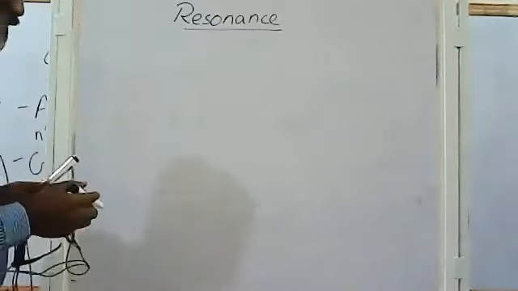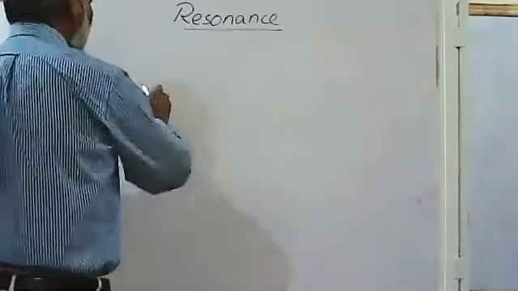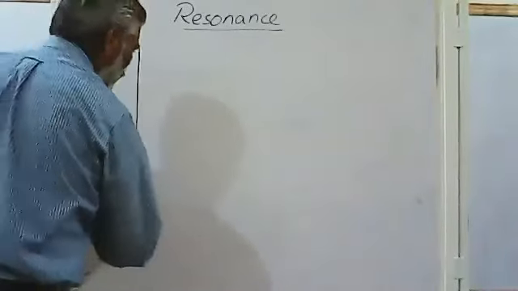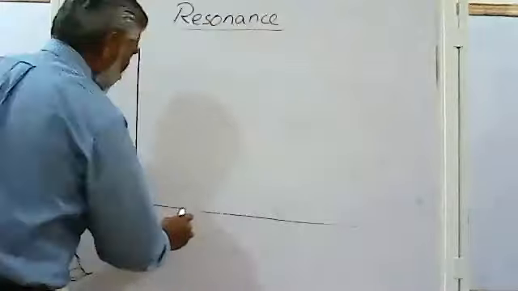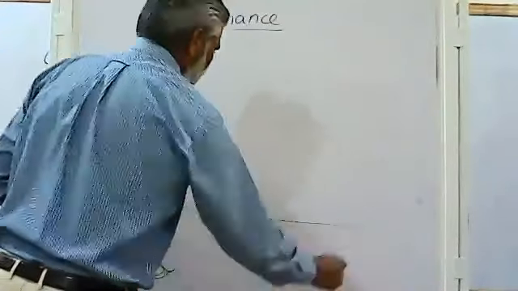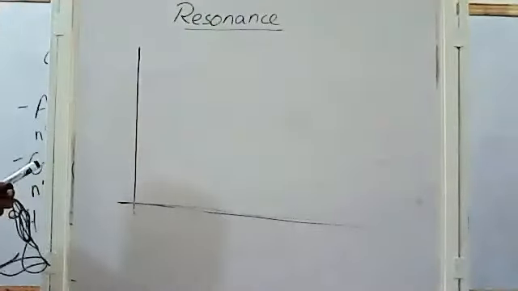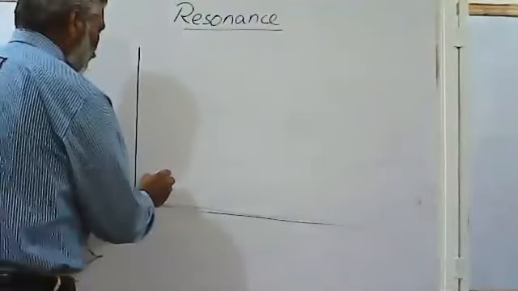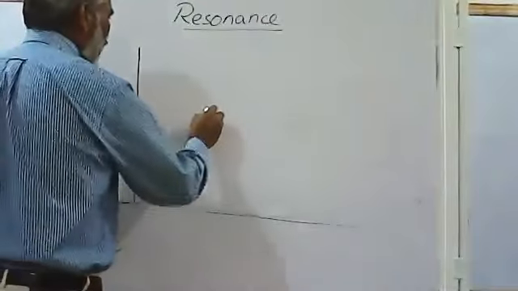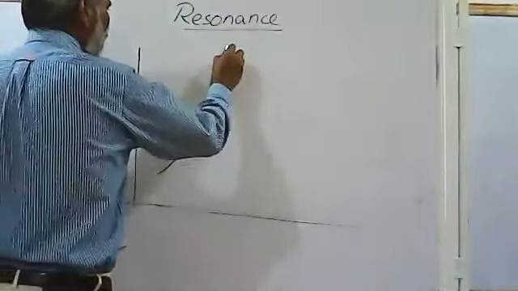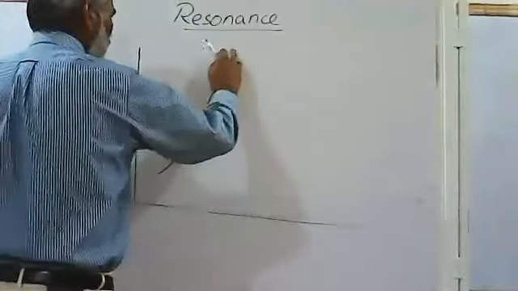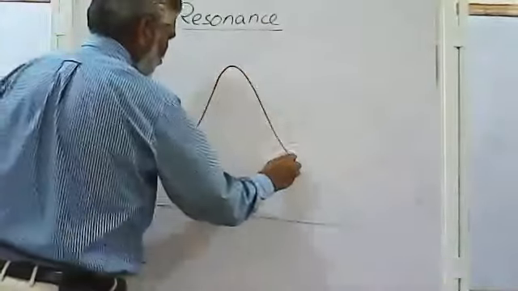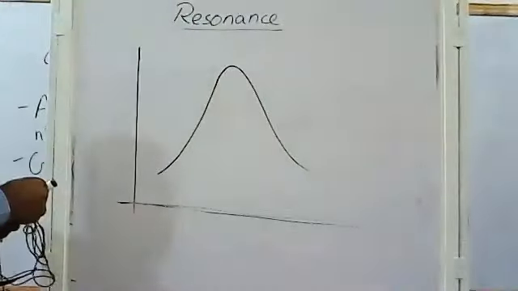Last time we discussed the frequency response curve, and I would like to discuss it once more. Frequency response curve is something in which we see a curve rising, having a peak, and then it decreases on this side.